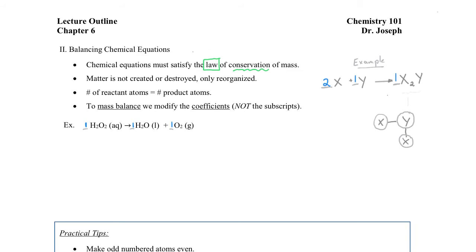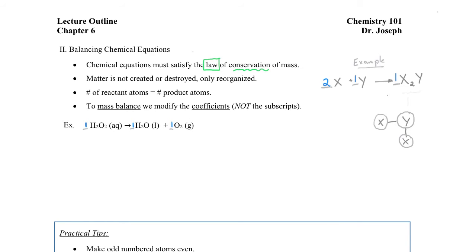Now let's take a look at oxygen. Notice we have 2 oxygen atoms in the formula on the left, and on the right we see 2 over here, but there's also another one over here. That means we have a total of 3 oxygen atoms on the product side. That's an unbalanced situation and we need to fix it.